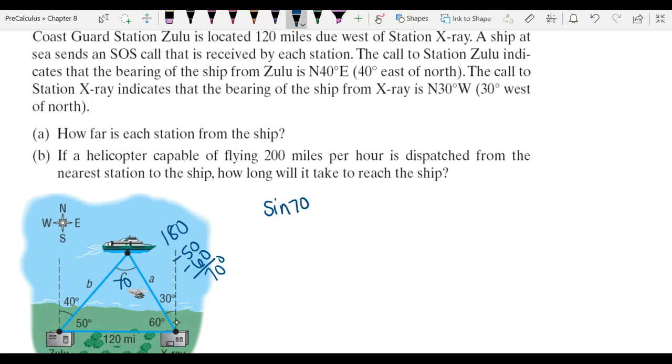So I have sine of 70 over 120 equals, let's do B first, sine of 60 over B. Again, when you plug this in your calculator, use it as much as possible. So B sine of 70 equals 120 sine of 60.